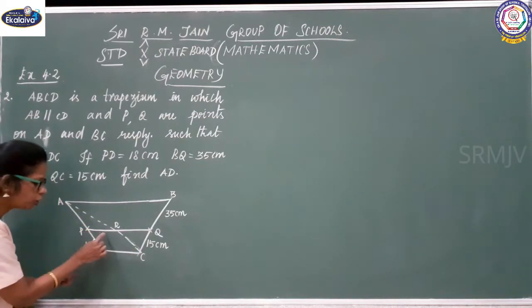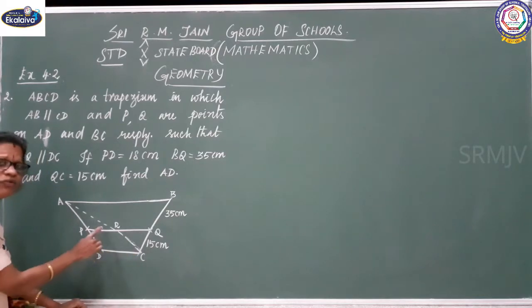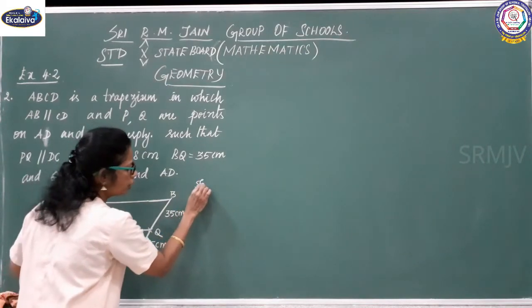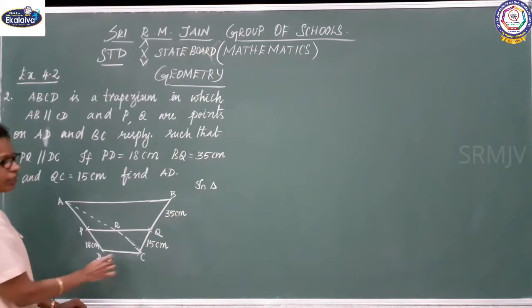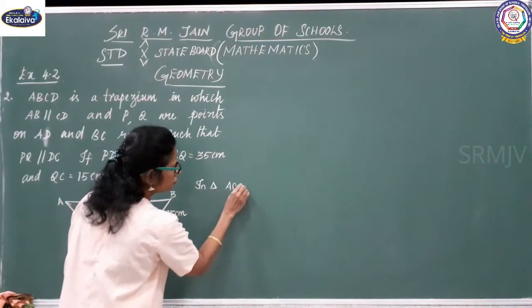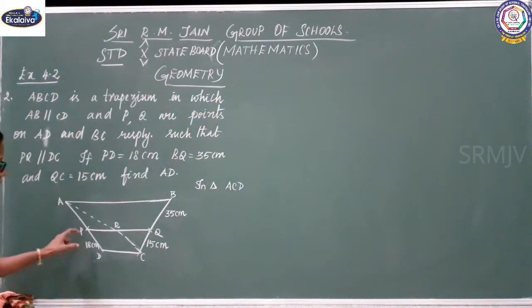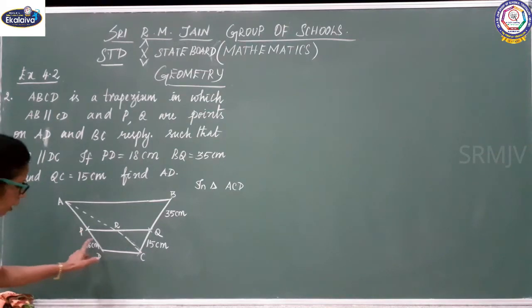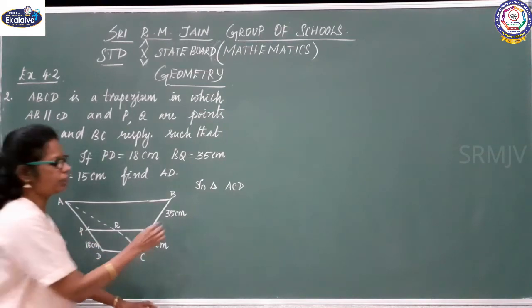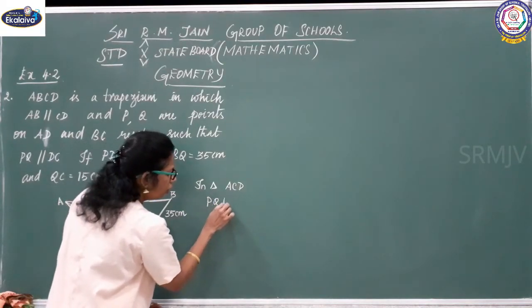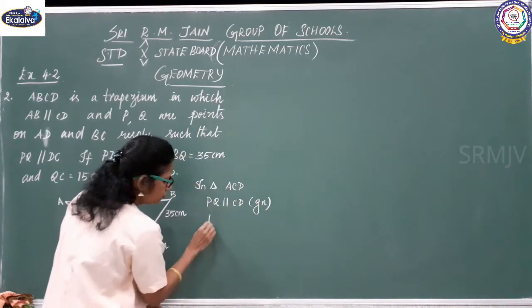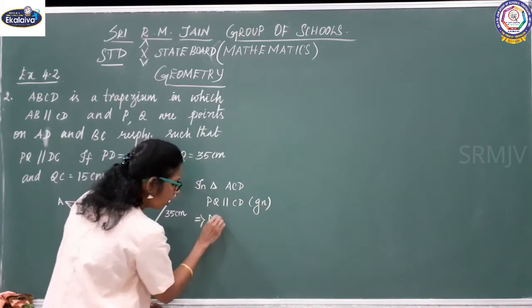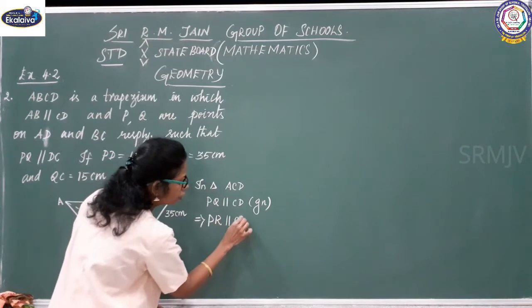Whatever point you locate on PQ, it is also parallel to CD. In triangle ACD, PQ is parallel to CD, which implies PR is also parallel to CD.